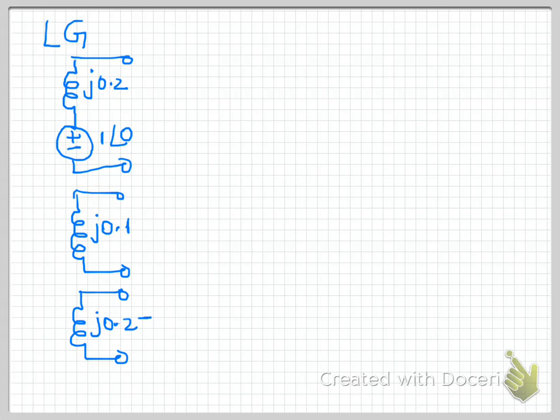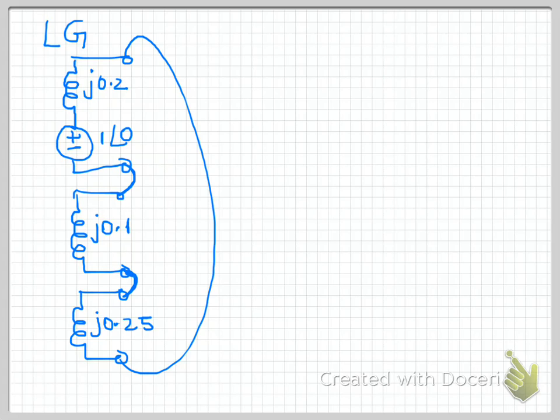Now all these networks will be connected in series. To connect them in series, we connect the end terminal of one to the beginning terminal of the next. This is the end terminal of the second, which is connected to the beginning terminal of the third. This is the end terminal of the last one, which is connected back to the beginning, right?